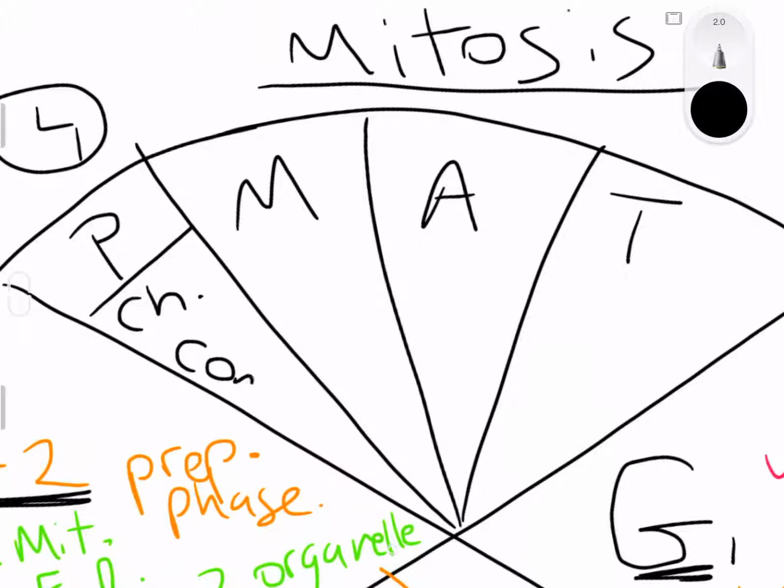So I'm going to put here condensed into what we know as chromosomes. In the metaphase, interestingly enough, they actually line up in the equator.